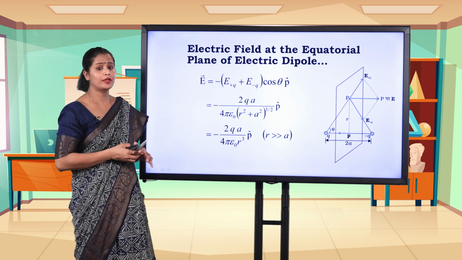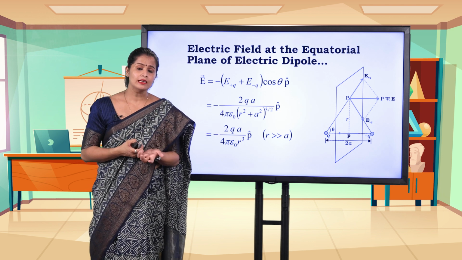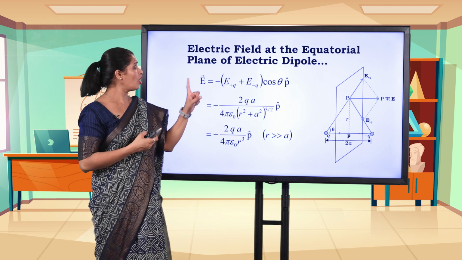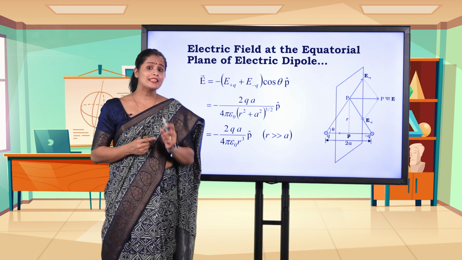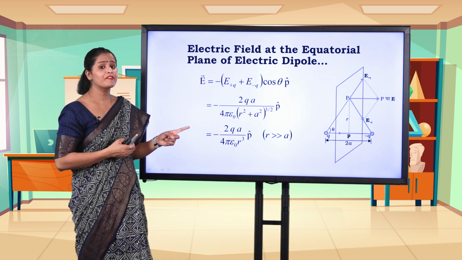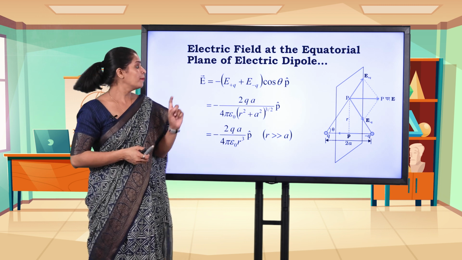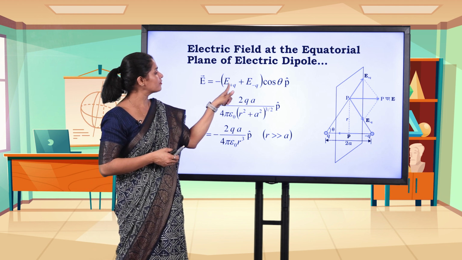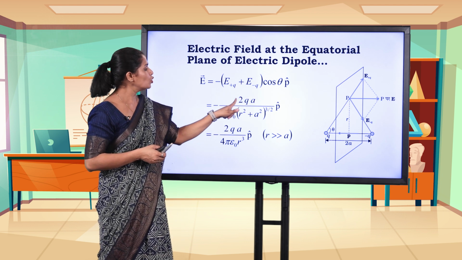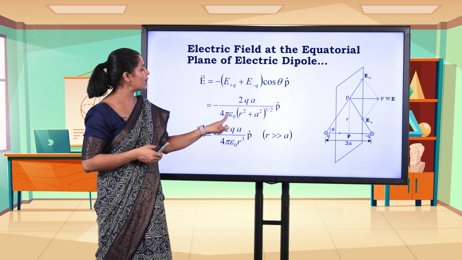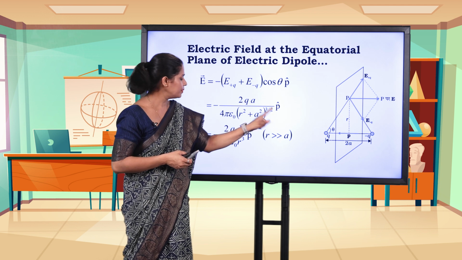Now, solving this equation, we get that the sine components get cancelled. Can you think of a reason why there is this negative sign? Yes, it is there because the electric field is opposite to the electric dipole moment P. Putting the values of the electric field due to positive charge and due to negative charge, we get minus 2qa upon 4 pi epsilon naught r square plus a square raised to the power 3 by 2, p cap.